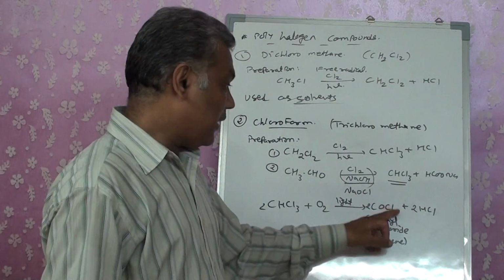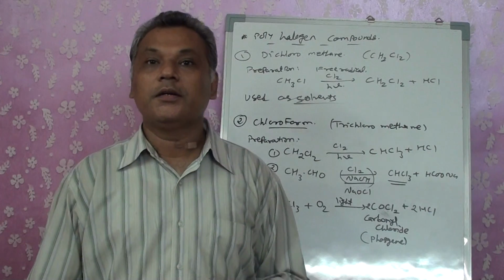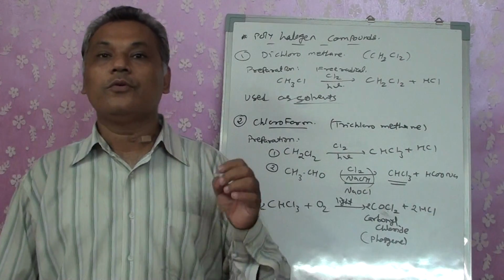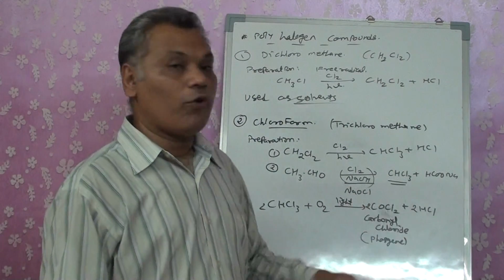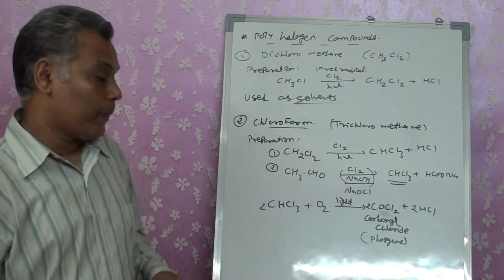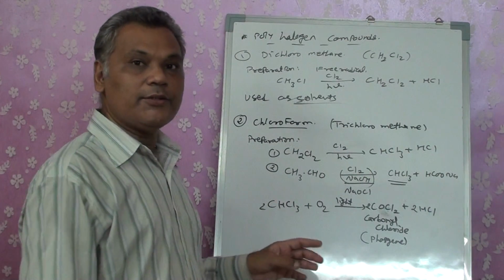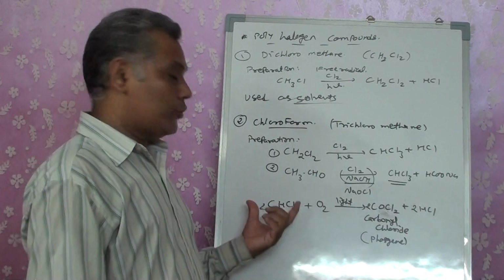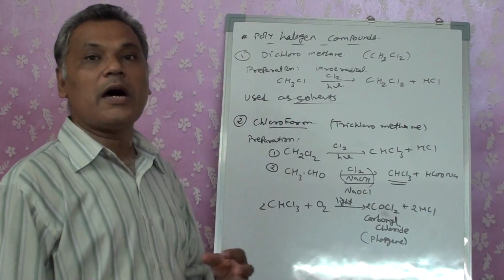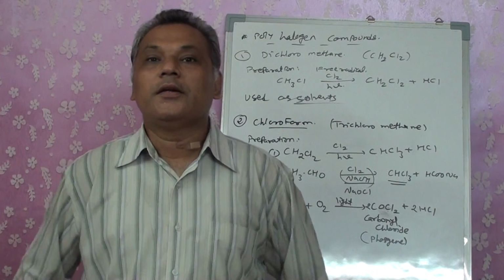Being very harmful to the human body, if it is inhaled, a person can go to death, right? So to avoid this effect, you can add 1% ethanol to reduce the tendency of reaction, or store the chloroform in a dark bottle in a dark place away from the air.